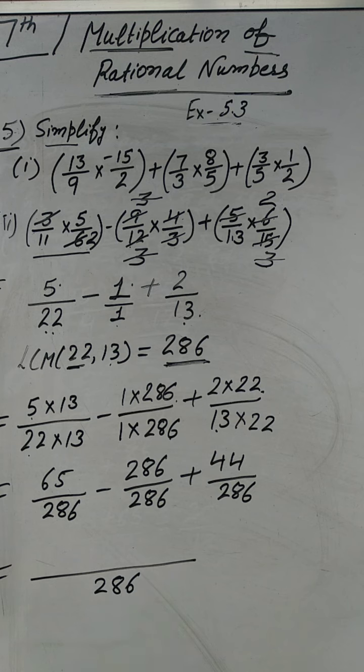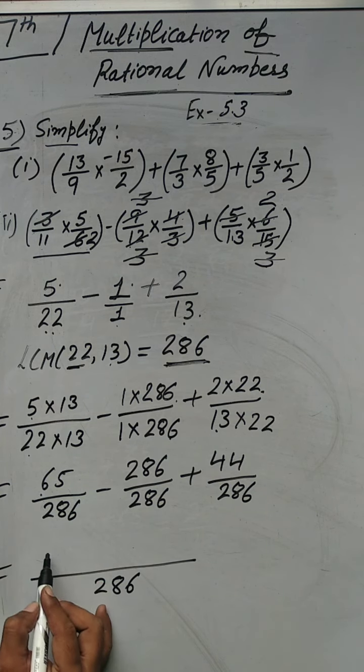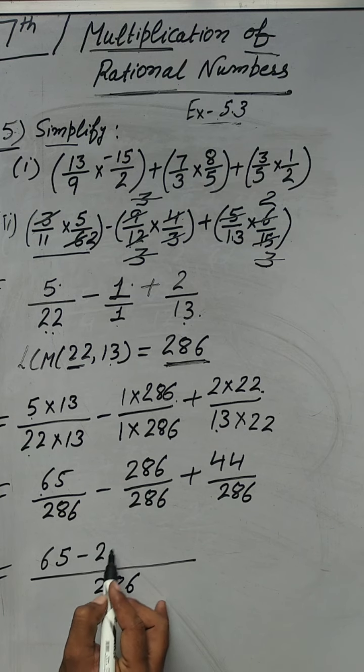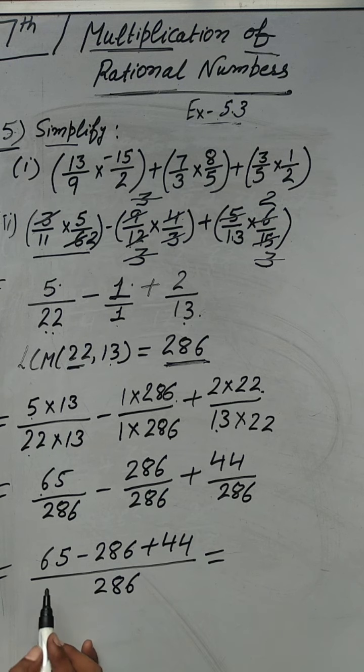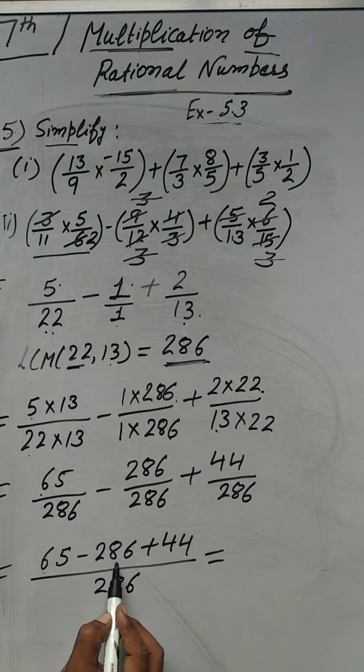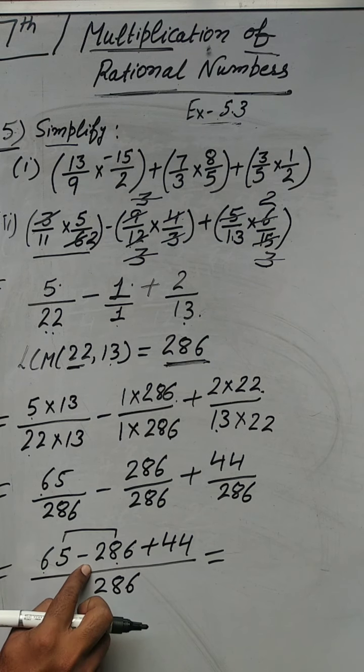So keep it one time. And what are the numerators? 65 minus 286 plus 44. Clear beta? Now 65 minus 286. One number is plus, one is minus. What to do?